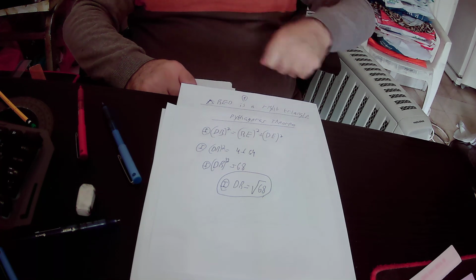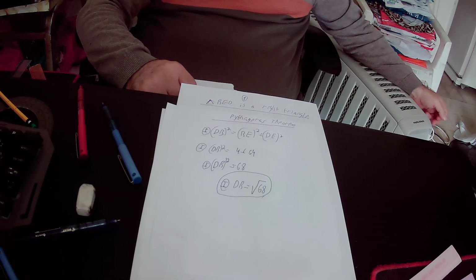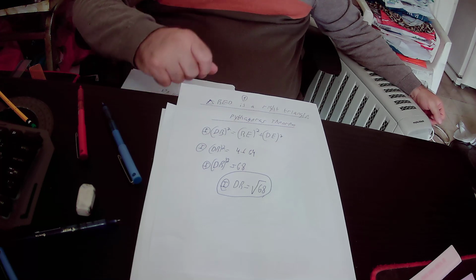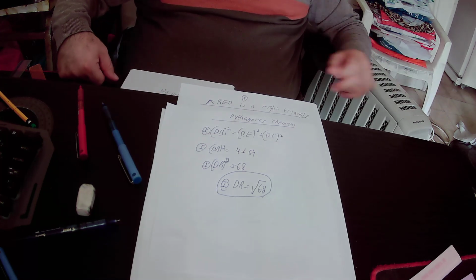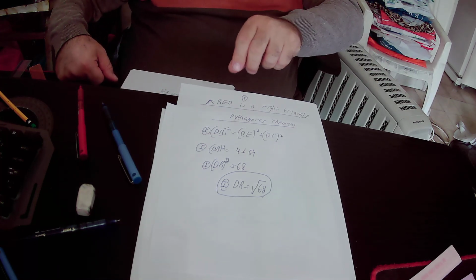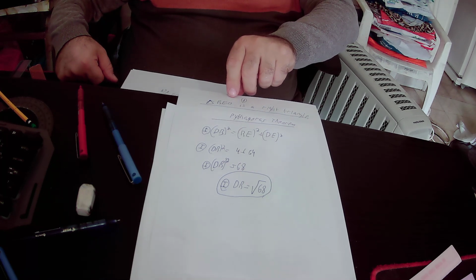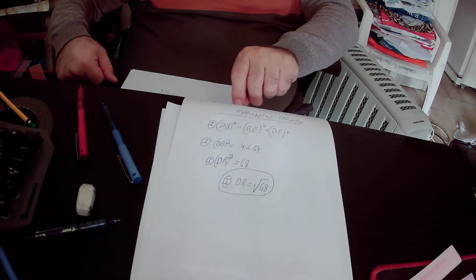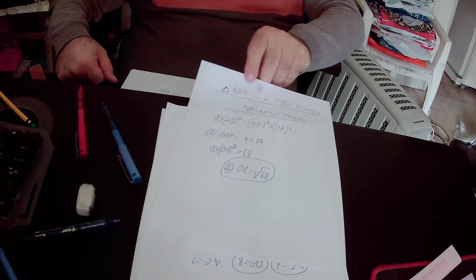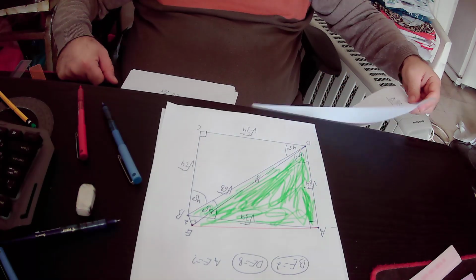So in total DB square equals 4 plus 64, which is 68, and DB equals the root of 68 units, okay?